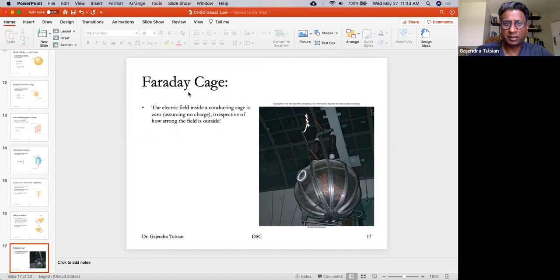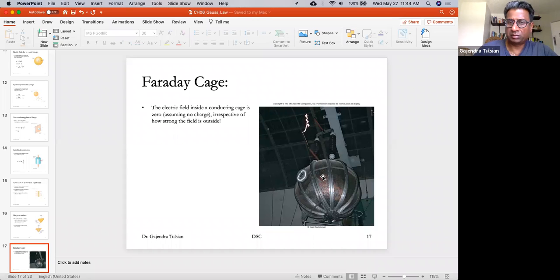A Faraday's cage is a metal cage, and what it does is insulate the inside from any outside electric fields. So the electric field outside can be as large as it wants. Inside the electric field will be 0.